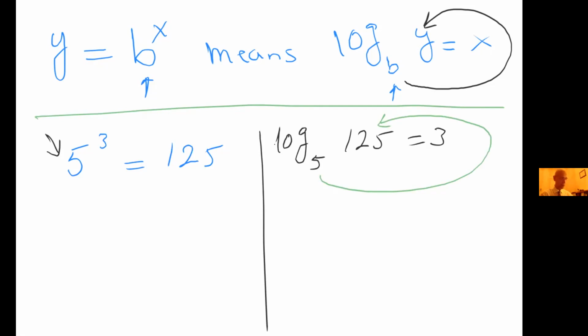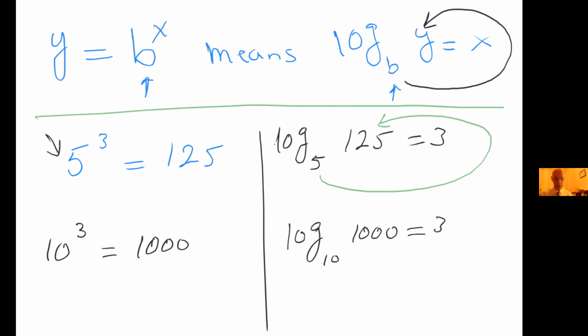How about another one? We know that 10 to the power of 3, or 10 cubed, equals 1,000. So if I want to write that in logarithmic form, I can say log base 10 of 1,000 equals 3.